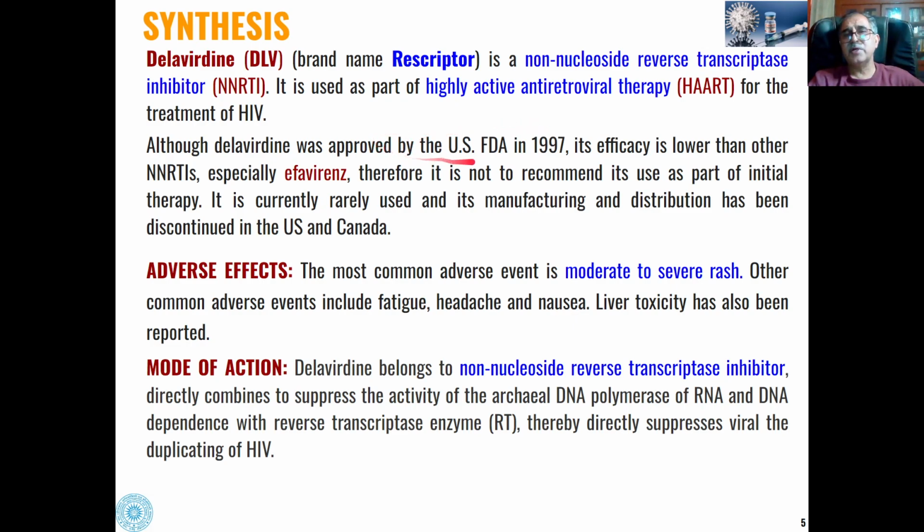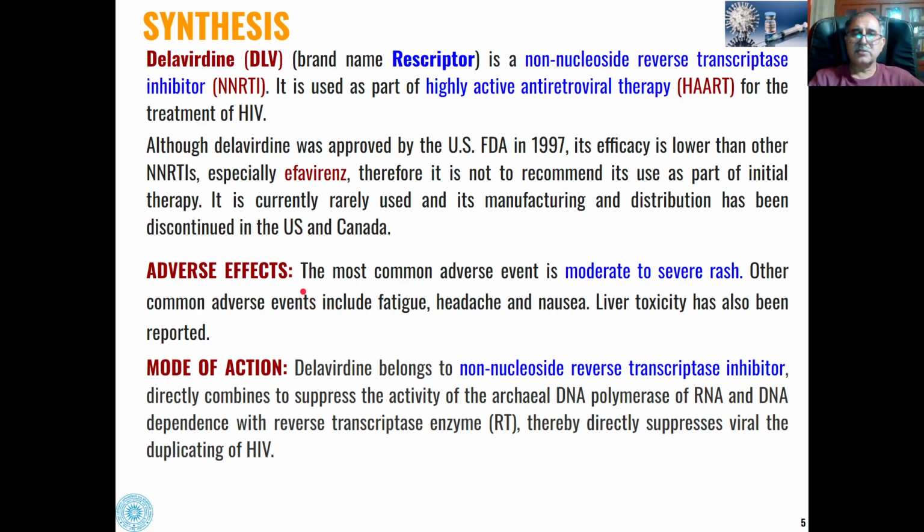This was approved by US FDA in 1997, and its efficacy is lower than that of efavirenz. Therefore, its use is not recommended as part of initial therapy, but this is mainly used during the antiretroviral therapy in combination with other antiviral agents.